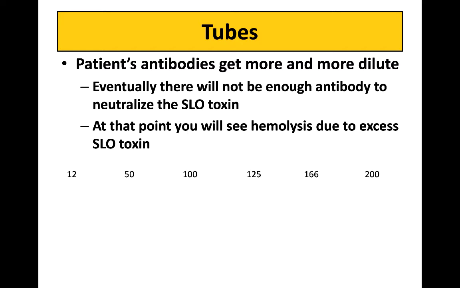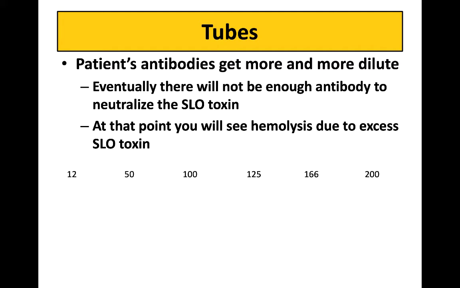If we want to actually get a titer, so how concentrated with anti-streptolysin O antibodies is my patient specimen, we have to set up this big old series of tubes, 1 through 14, basically. And what you're doing in each of those tubes, 1 through 12 anyway, is diluting out the patient specimen.